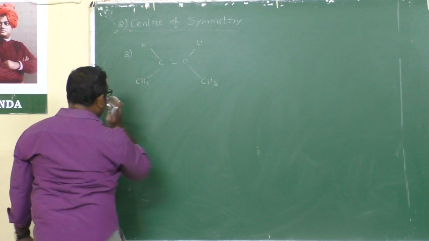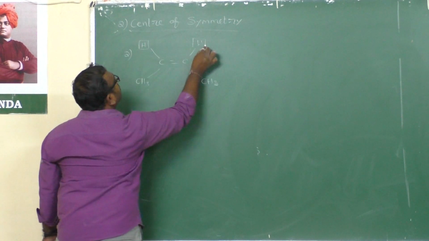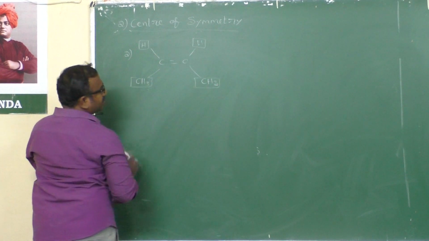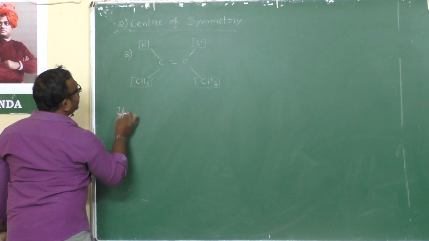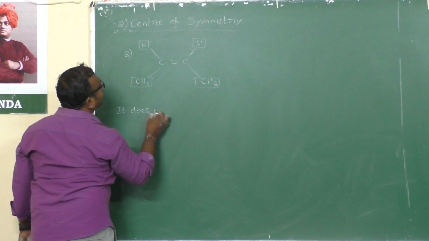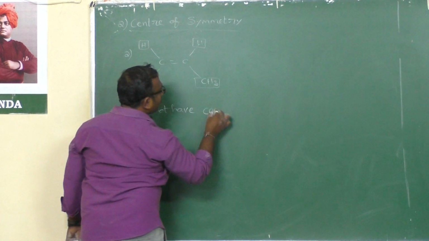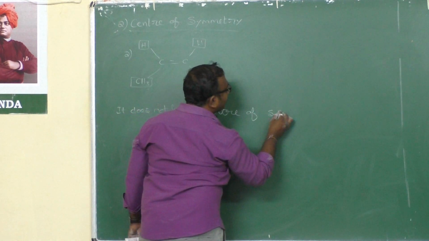Here in the second example, two hydrogen atoms and two methyl groups are present in the same direction, so it doesn't have a center of symmetry.